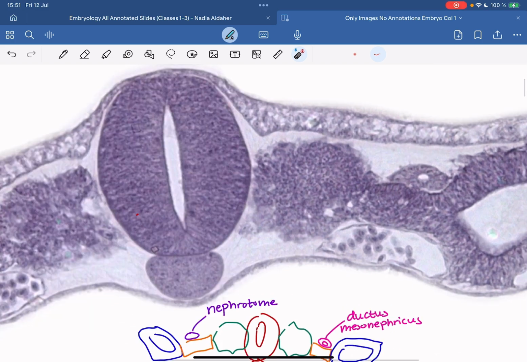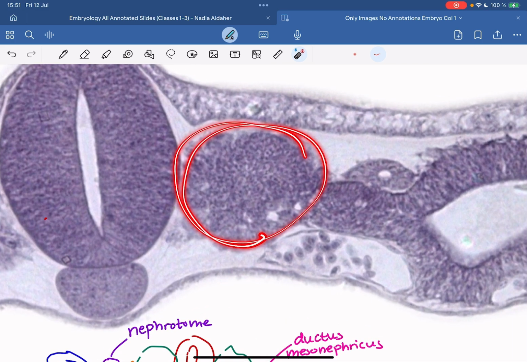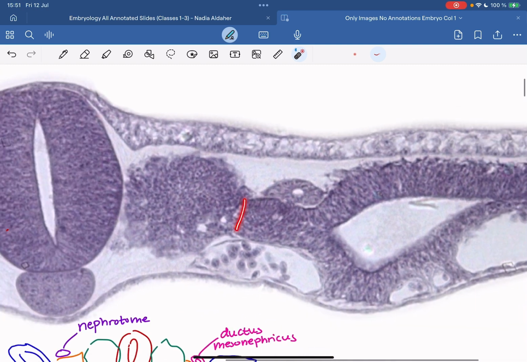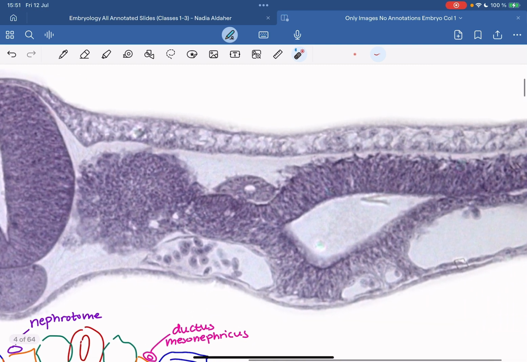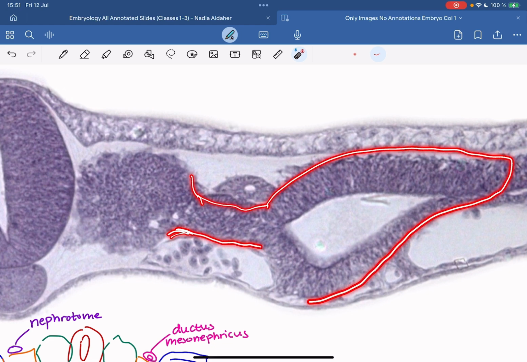Now, following the paraxial mesoderm and the somites, we have this bridge, and this bridge connects the somite or the paraxial mesoderm together with this other structure that's fairly big and has an opening. We'll start with the bridge first.